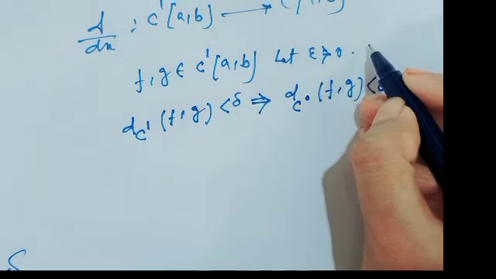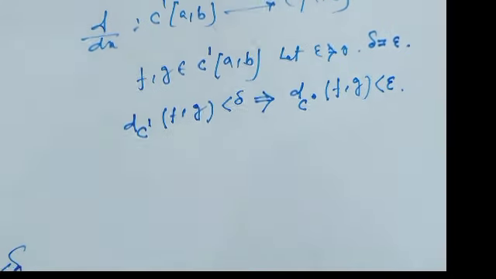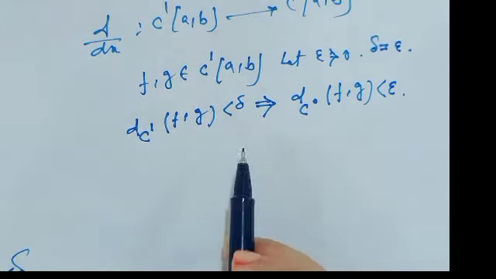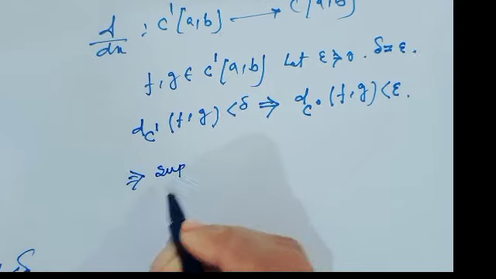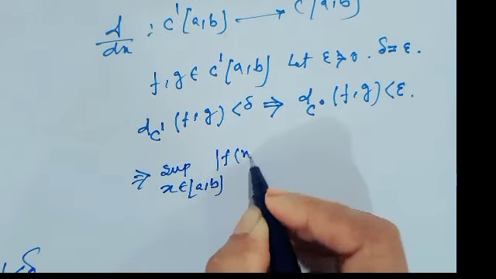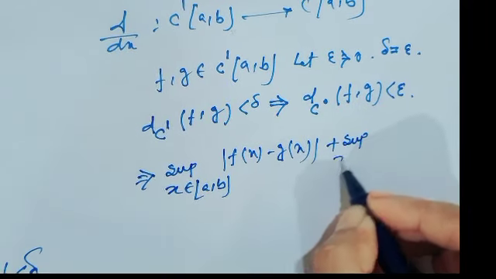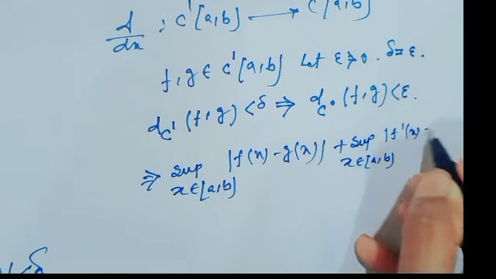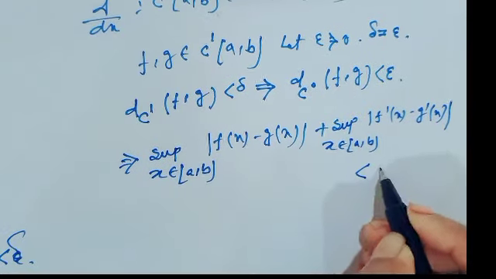Consider delta equal to epsilon. Then D with the metric space C1 of (f, g) less than delta means obviously supremum over x in [a,b] of |f(x) minus g(x)| plus supremum over x in [a,b] of |f'(x) minus g'(x)| is less than delta.